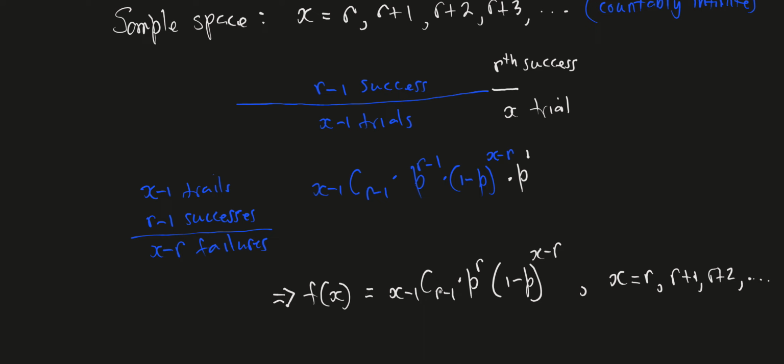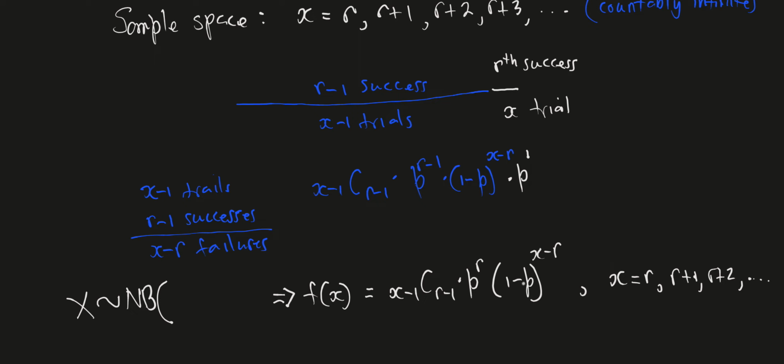Now, we have a nice notation, just like how we use B for binomial. We're going to use NB for negative binomial. So here is the notation. We're going to say a random variable follows the negative binomial distribution, and the parameters here will be your r and your p.